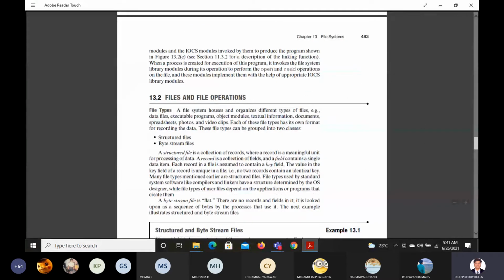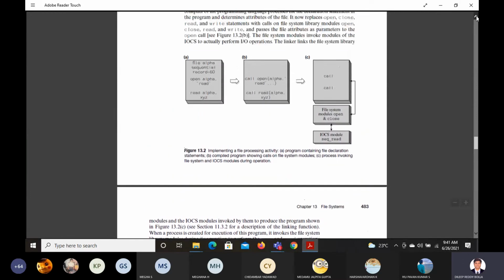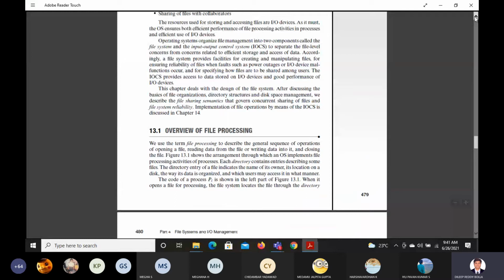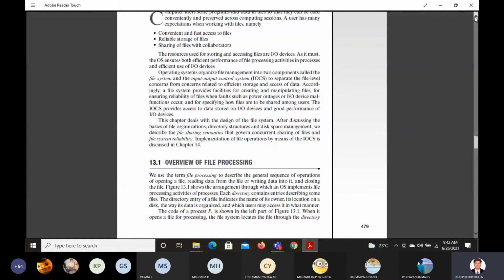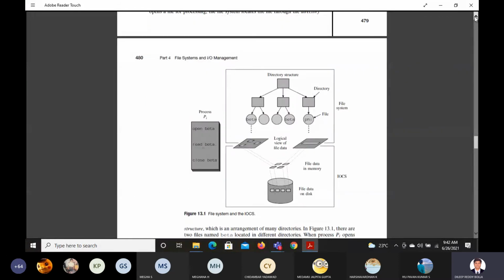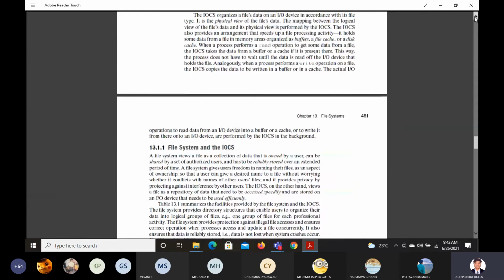You understood that? How much is there to read? The first concept, I'll just glance at it once again. From here it starts with file systems, the 13th chapter, and the first one is the overview of file system processing. This overview is just for an idea. The 13.1 diagram you should explain in 13.1.1.